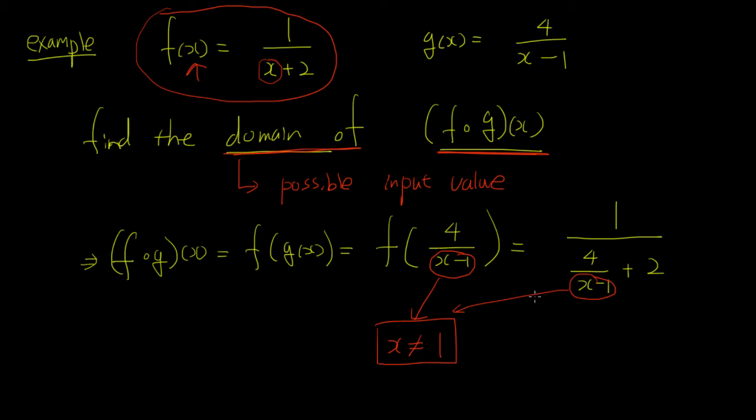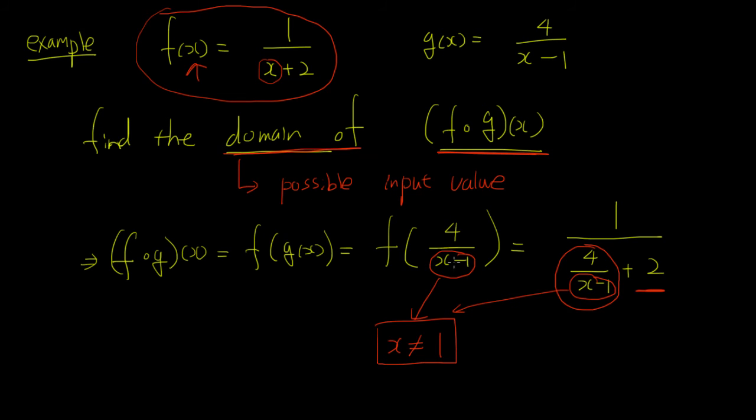Now, what else could be a problem? What else do you see as a problem point? Now, this whole thing here. You don't want that to be equal to what? Look at this. This is plus 2. You don't want that to be negative 2, right?